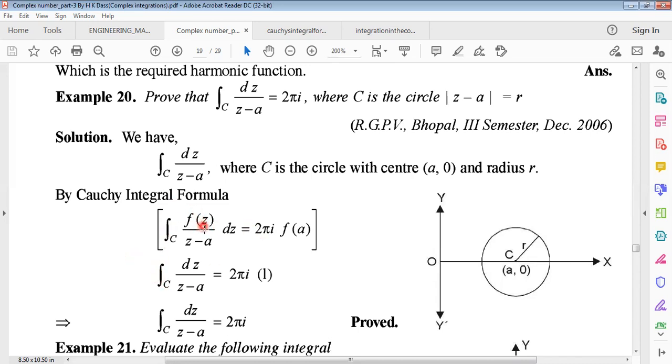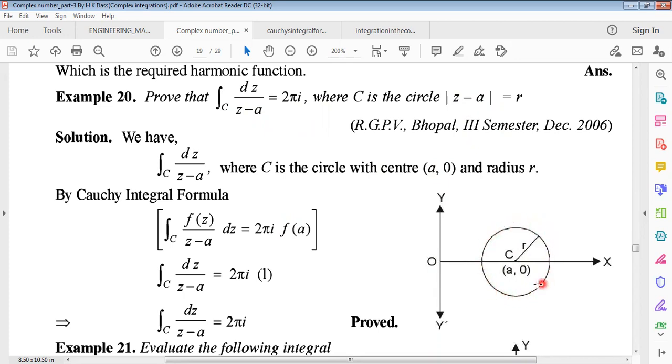So f of z, this means Cauchy's integral formula. Now contour integration of dz by z minus a equals 2πi f of a, and f of a equals 1. Why? Do you know? If we draw the given circle, the center will be at a and radius will be r, any real number.